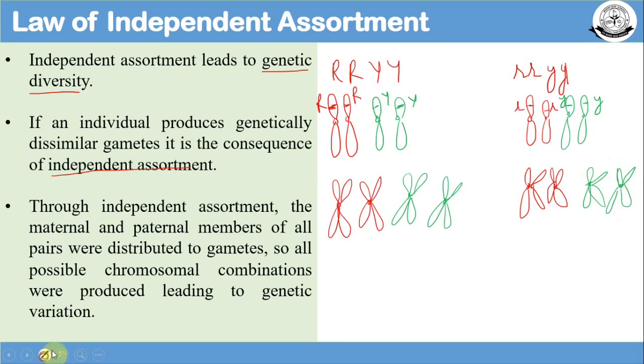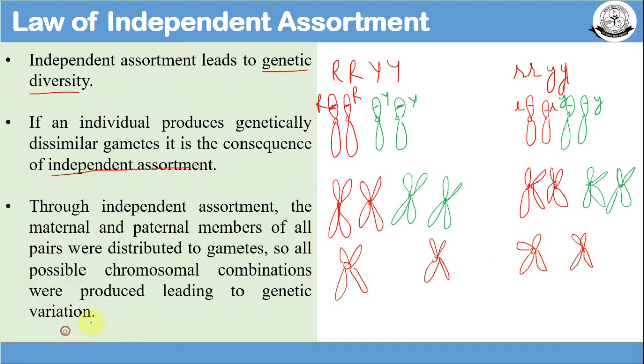So they go for meiosis 1. At meiosis 1, the homologous chromosomes get separated. Right?